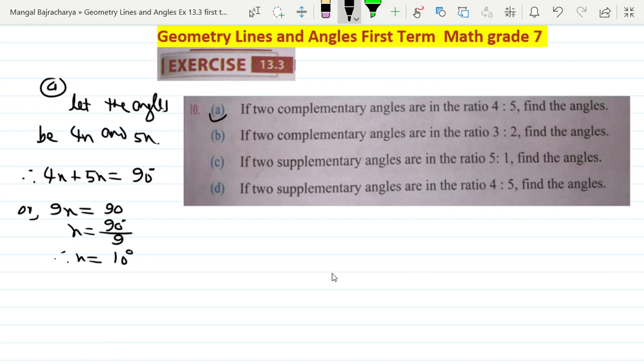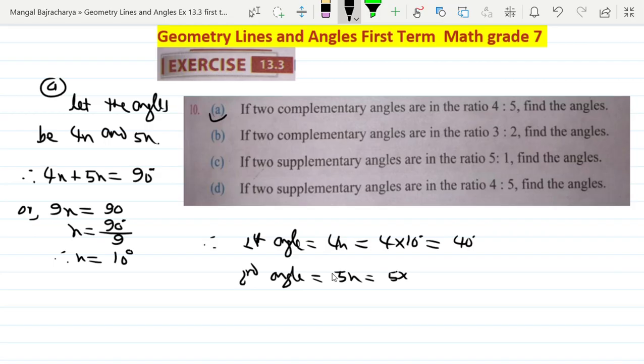Once you find the value of x, put it back to get the values of those angles. So the first angle equals 4x, which is 4 into 10, that is 40 degrees. And the second angle is 5x, which is 5 into 10, so that's 50 degrees. So both angles are found.